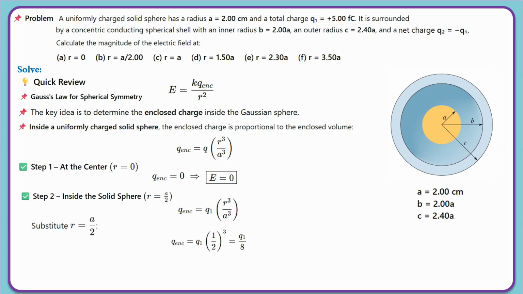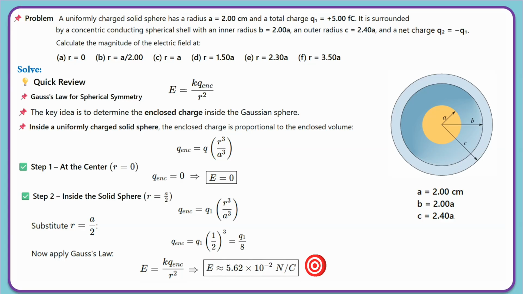Now substitute this enclosed charge into E equals K times Q enclosed divided by R squared. After calculation, we obtain E equals approximately 5.62 times 10 to the power of negative 2 newtons per coulomb.